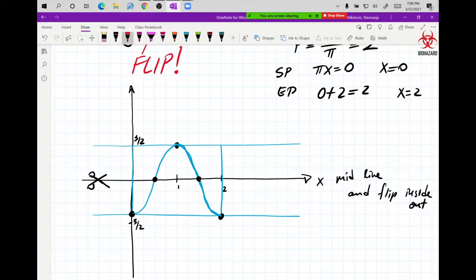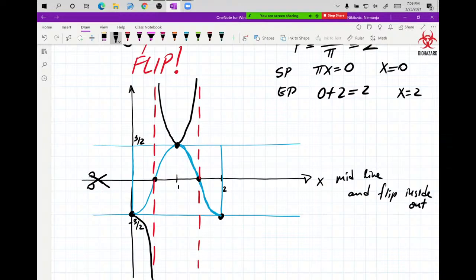In my lectures, vertical asymptotes are always red. That's it. Now, the black points are anchors. So, there we go. And there we go. That's it.